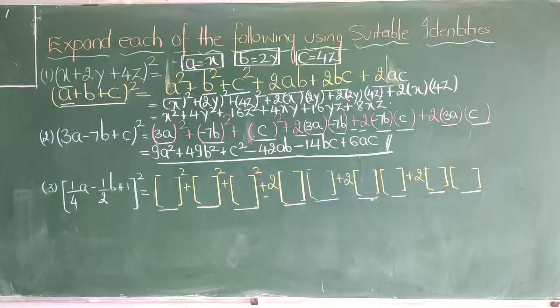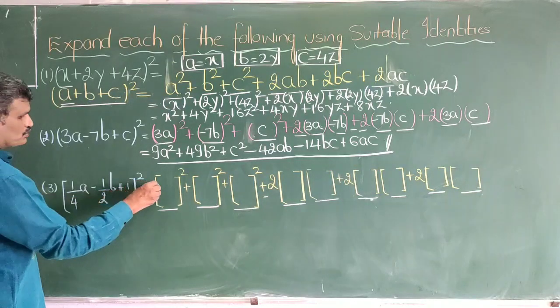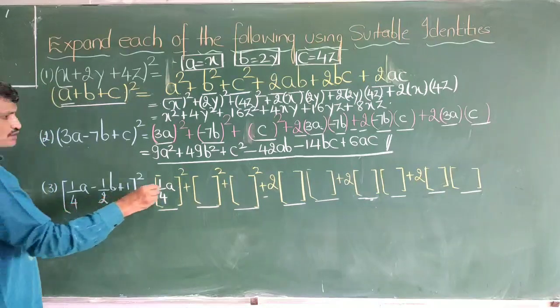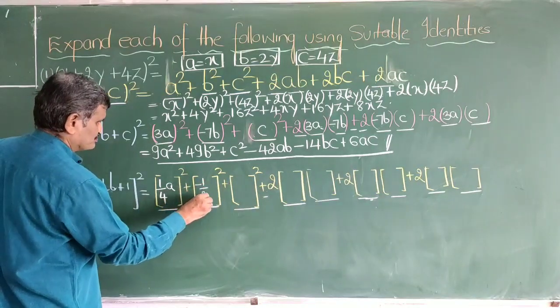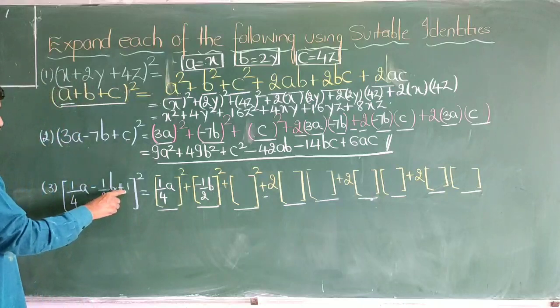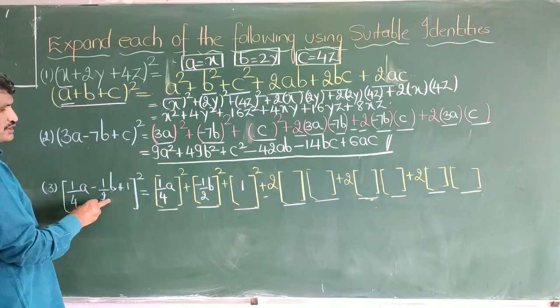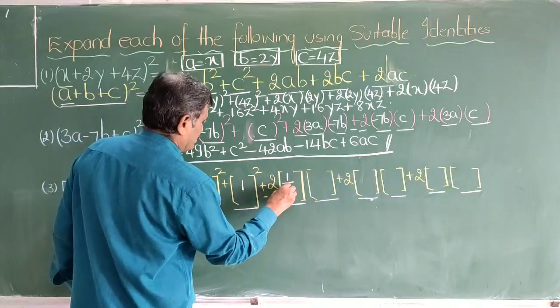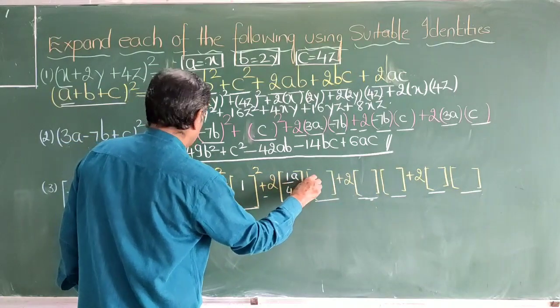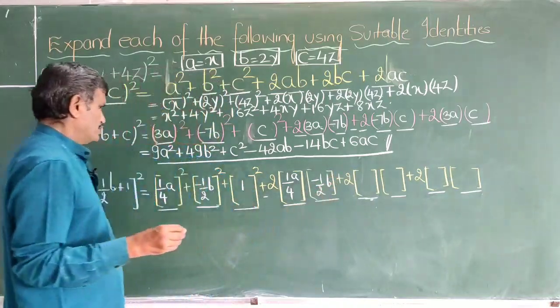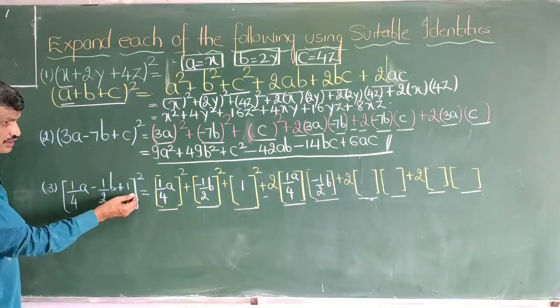So if at all I have to solve this, what is that I should do? I should write here first term, then next what? Second term, then next what? Third term, then next what? First term and second term. So first term and second term, then second term and third term.